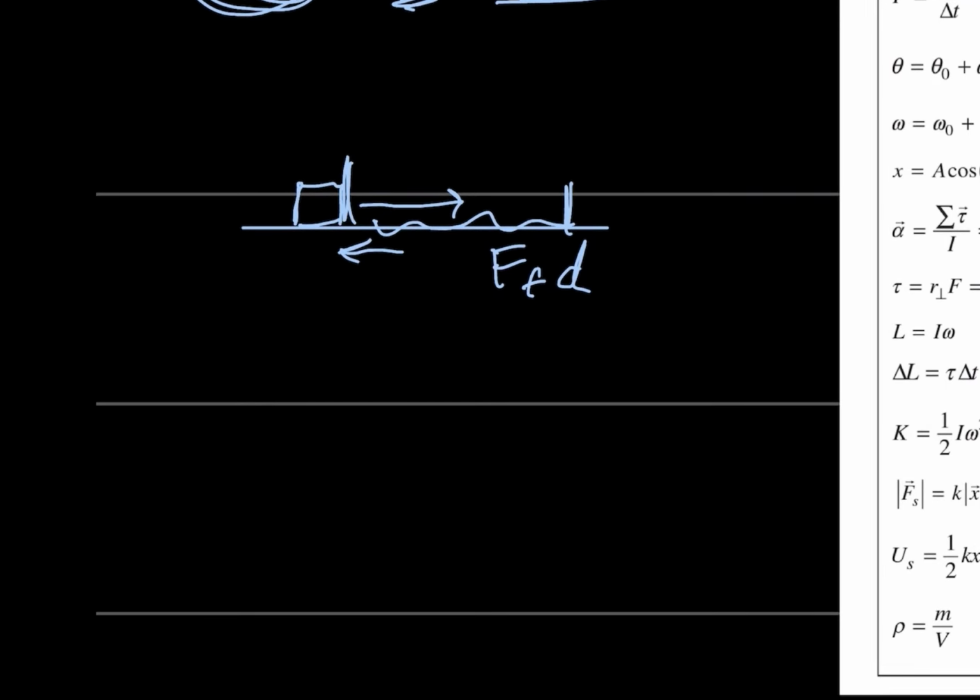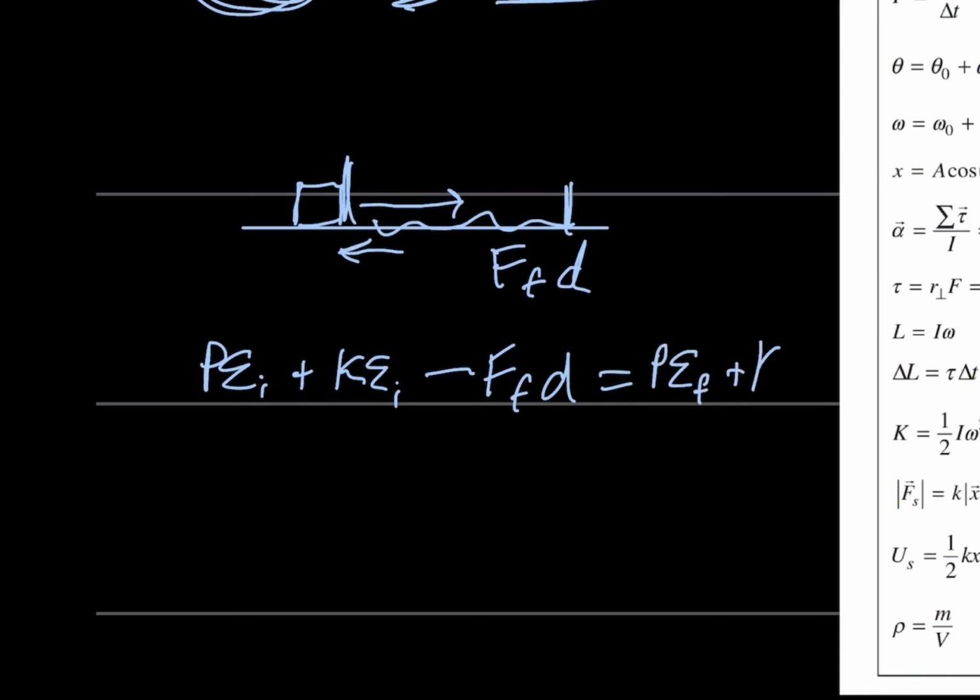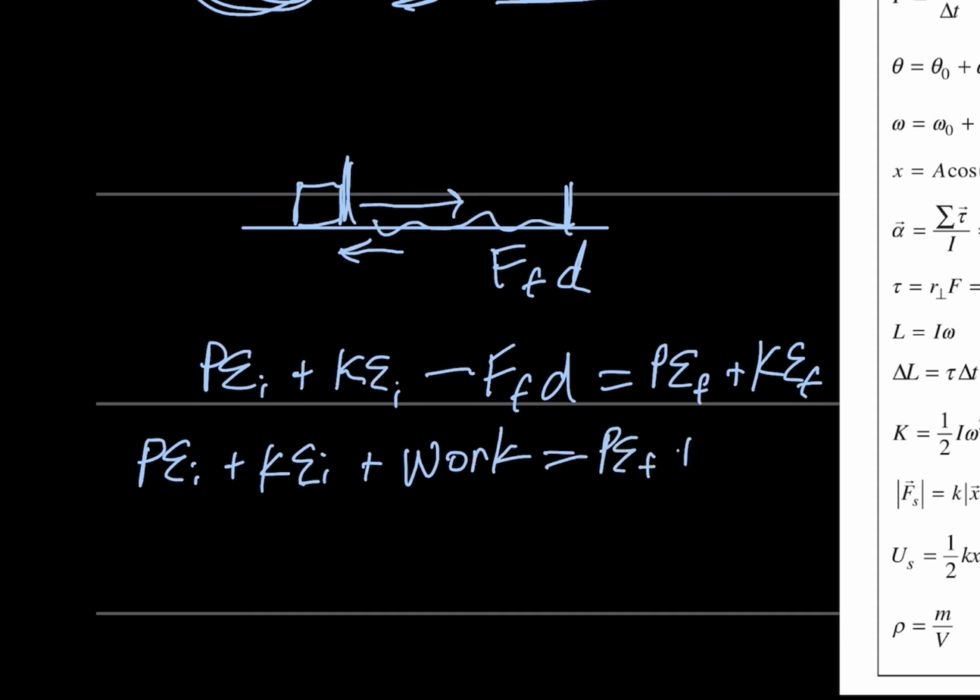So in our equation, we said the initial potential energy plus the initial kinetic energy minus the work done by friction equals the potential energy final plus the kinetic energy final. We said actually that it was going to be potential energy initial plus kinetic energy initial plus the work done on the system equals potential energy final plus kinetic energy final.